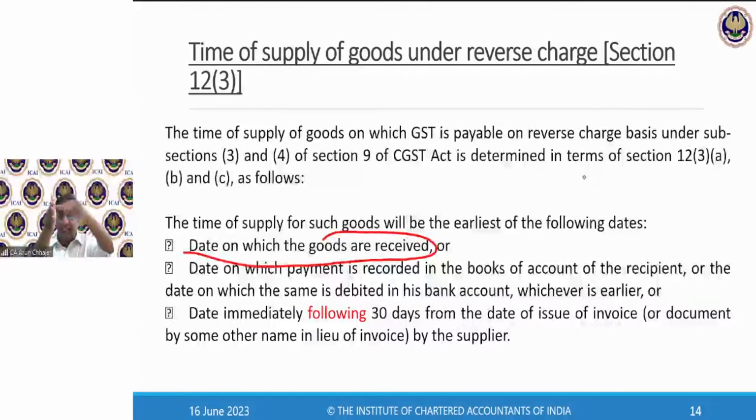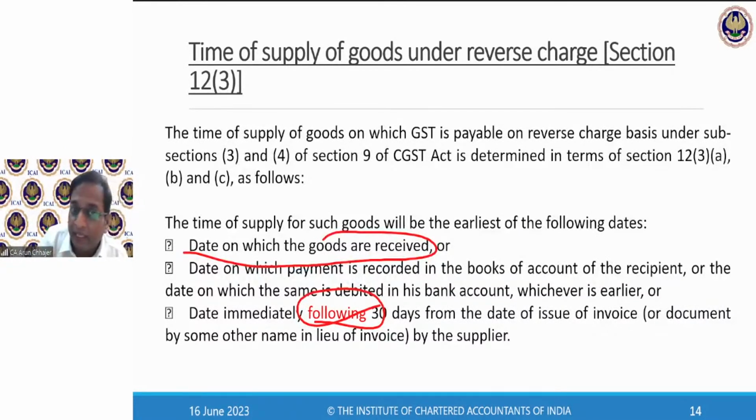Now the liability is on the recipient, so there would be certain relaxation, correct? Suppose he is moving the goods today, it will take some time for the goods to reach. So they have given a certain number of days: date of invoice plus 30 days, and the date following that.